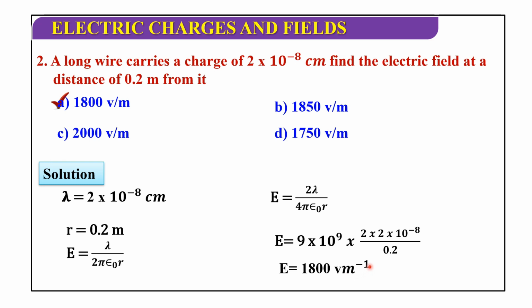Now 0.2 is nothing but 2 by 10, so the 2 cancels. Finally we get 1800 volt per meter. So the first option is correct.